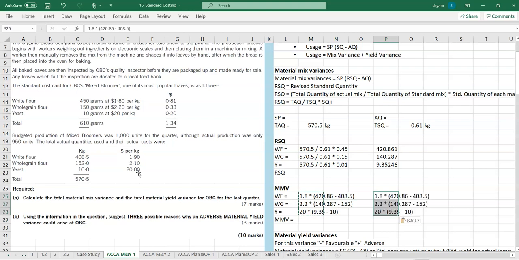So put together, all these three things will lead to the variance. Okay, it is a -1, so it is an adverse variance.